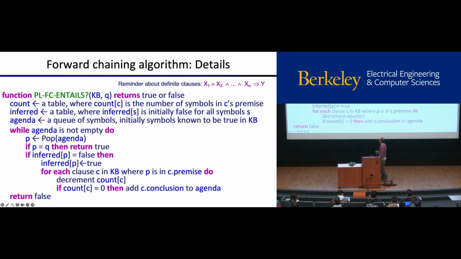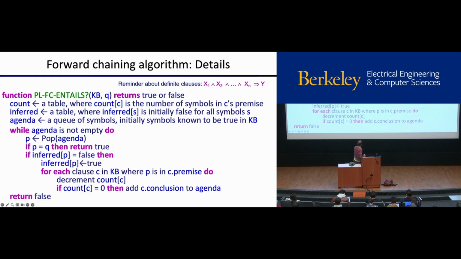So we start with everything here initialized to false. So this is a table. And here's our agenda. It's a queue of symbols, starting out with only the symbols known to be true in the knowledge base. So recall the knowledge base contains clauses like this, and it also contains isolated symbols on their own. And if the symbol x5 is in our knowledge base, that means x5 is true.